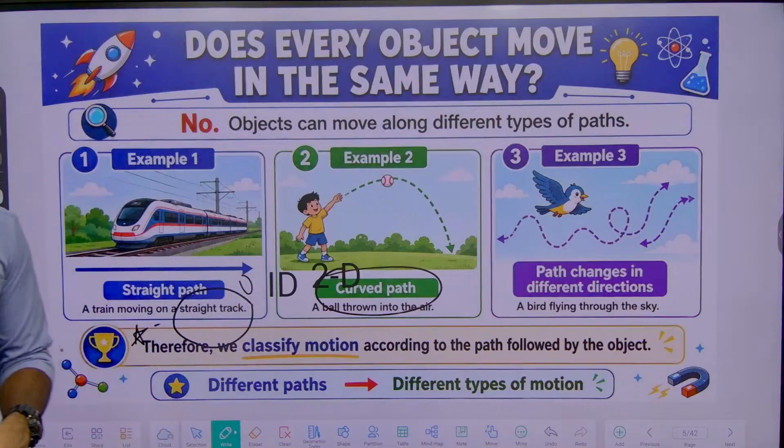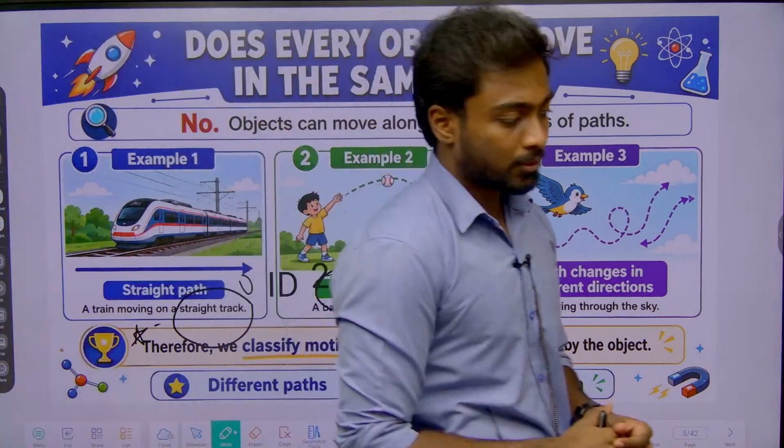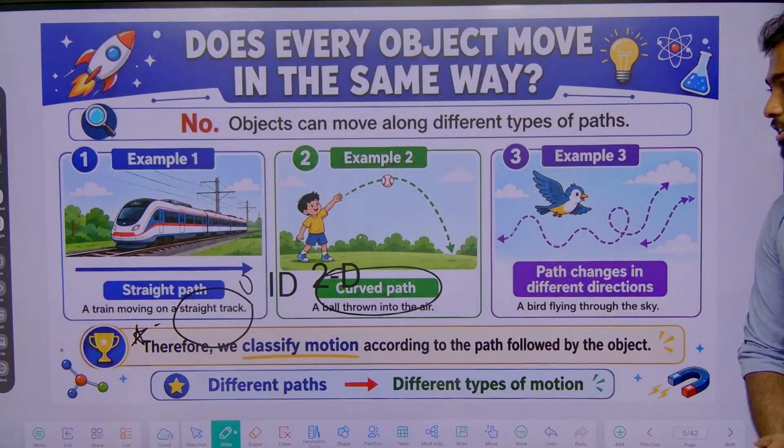So you can take out and write it down. Dinesh, complete it first.